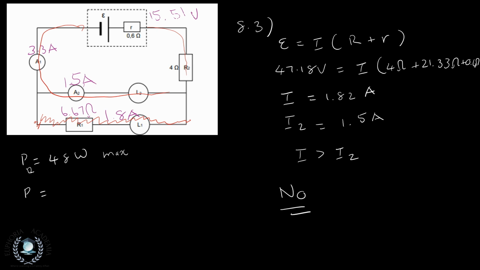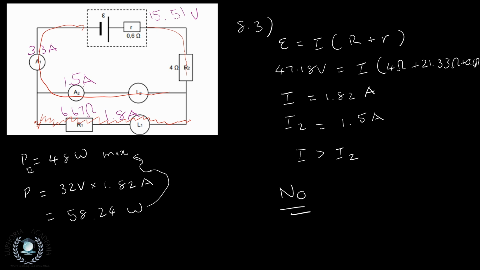So the voltage is still the same at 32 volts, and that is multiplied by the current that we just found, which is 1.82 amps. So the new power will be 32 multiplied by 1.82 amps, and that will give us a new power rating of 58.24 watts, which is also quite high compared to that.